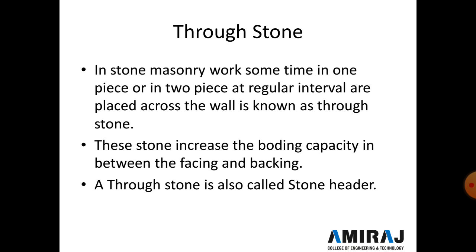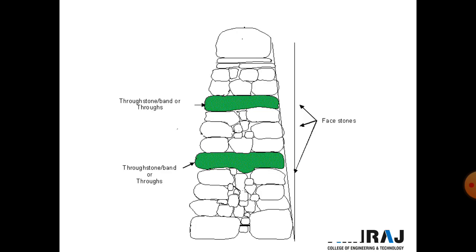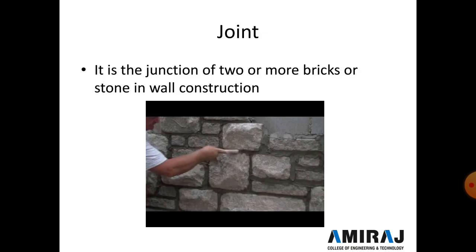Through stones are also known as stone headers. તો અહીંયા આગળ તમે જોઈ શકો છો ફિગરની અંદર કે ગ્રીન કલર પોર્શન શો ધી થ્રુ સ્ટોન and through stone is in a large size and covers the entire wall layer. So here through stone bonds the inner and outer face, and these through stones are put at a regular interval.